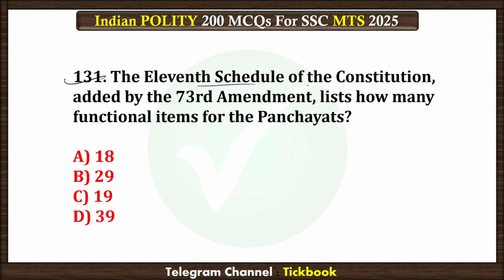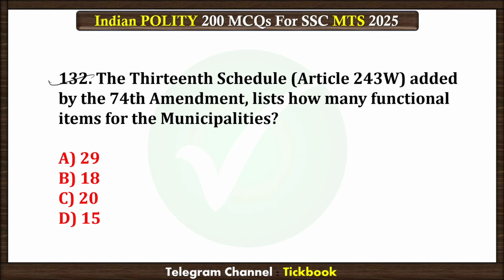The 11th schedule of the Constitution added by the 73rd Amendment lists how many functional items for the panchayats? Number B, 29. 132. The 13th schedule, Article 243W, added by the 74th Amendment, lists how many functional items for the municipalities? Option number B, 18.